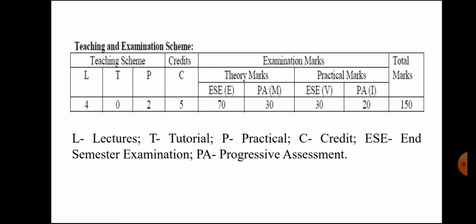ESE means end semester examination, or external viva, 30 marks, and PA means similarly progressive assessment, but internal submission, normally 20 marks. So the total marks of this subject is 70 plus 30 plus 30 plus 20 equals 150.